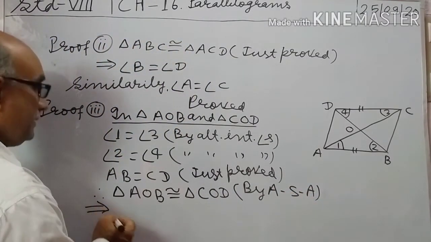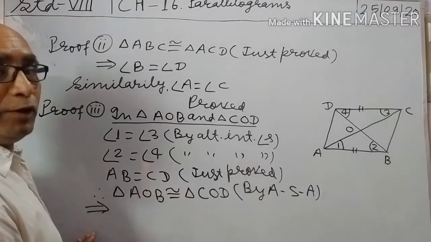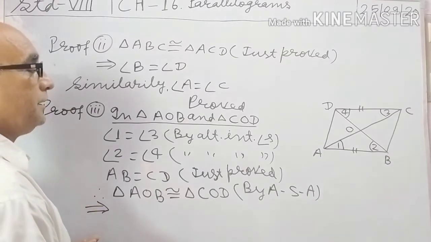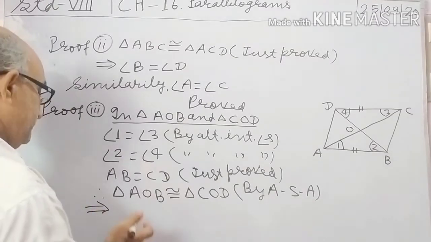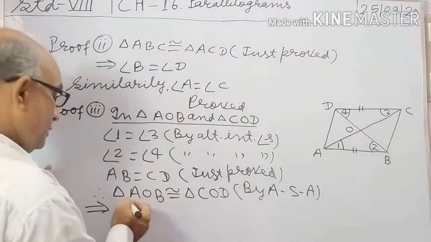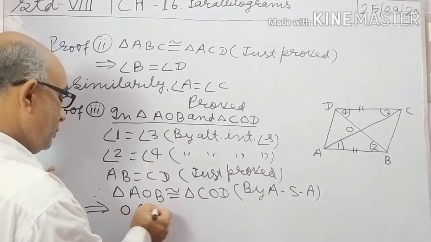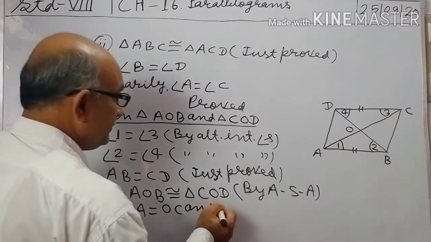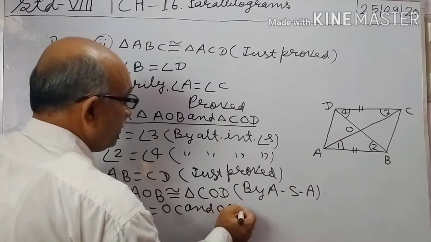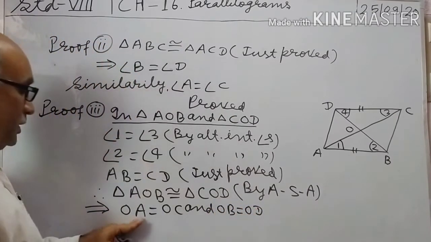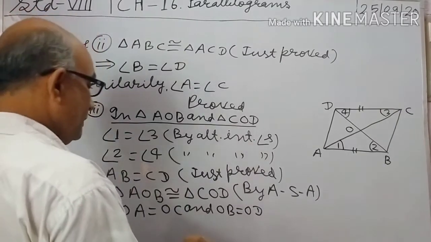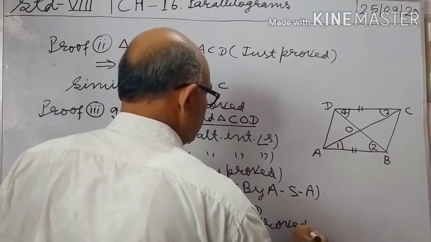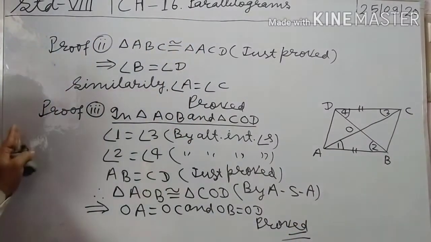That implies if two triangles are congruent, then their corresponding elements are equal, their corresponding sides are equal, their corresponding angles are equal. So OA equal to OC and OB equal to OD. This proved that diagonals bisect each other. Understand and write it.